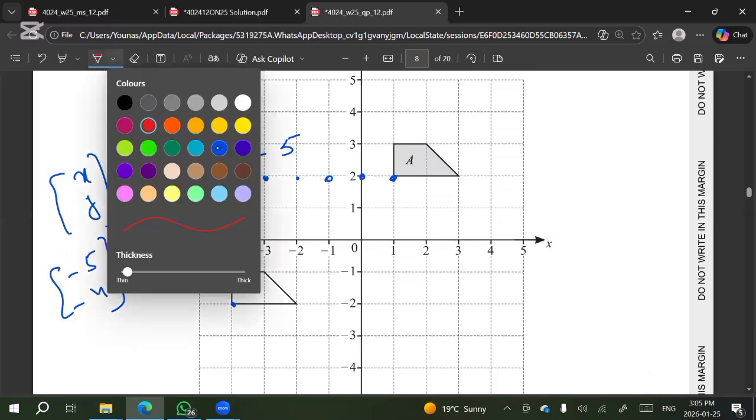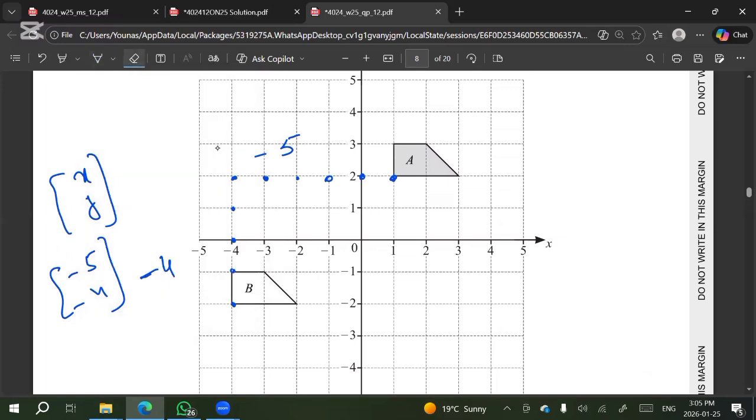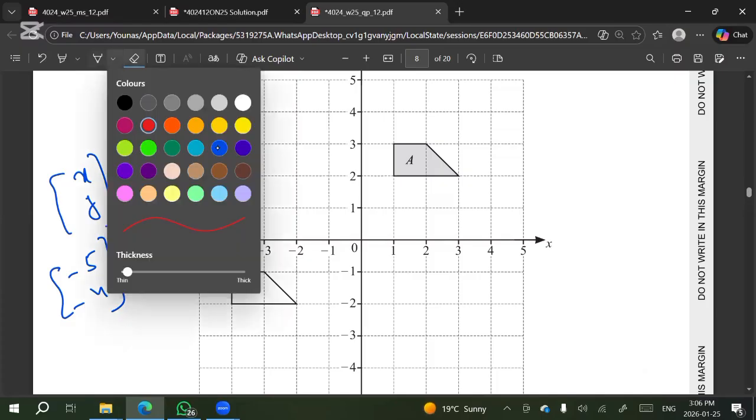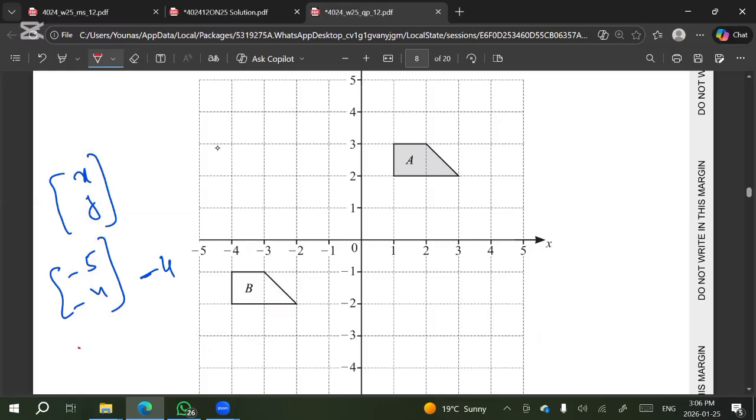Let me first remove this so I can show you how this rotation is done. I will take the points. For example, I will take this point, and this is my center of rotation.